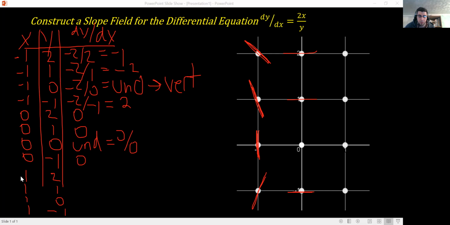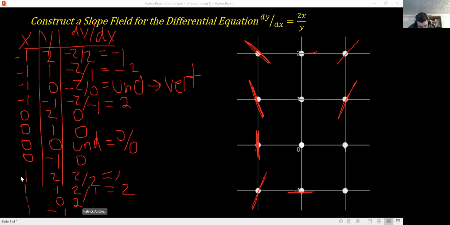Then we move to the next column. So when x is 1, you would have 2 over 2, which is a slope of 1. And then when x is 1, you have 2 over 1, which gives you a slope of 2. So relatively speaking, it should be steeper than the one that we put in previously.